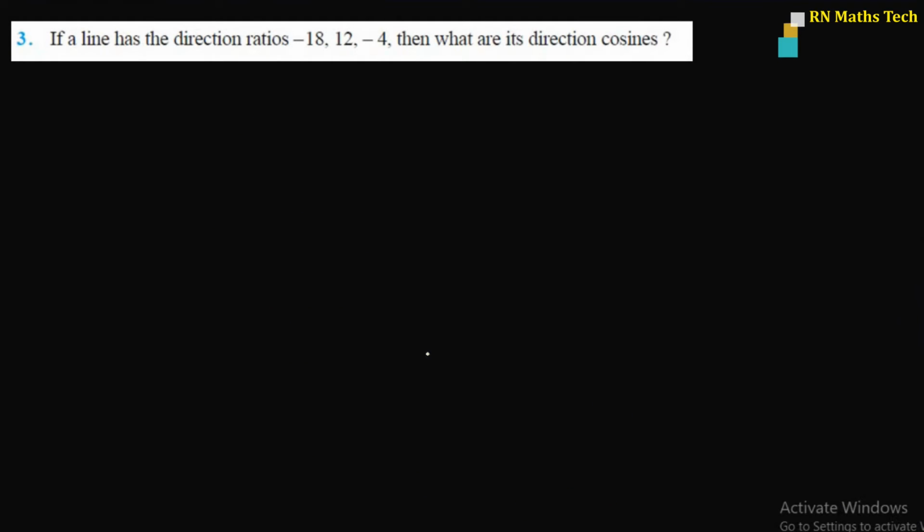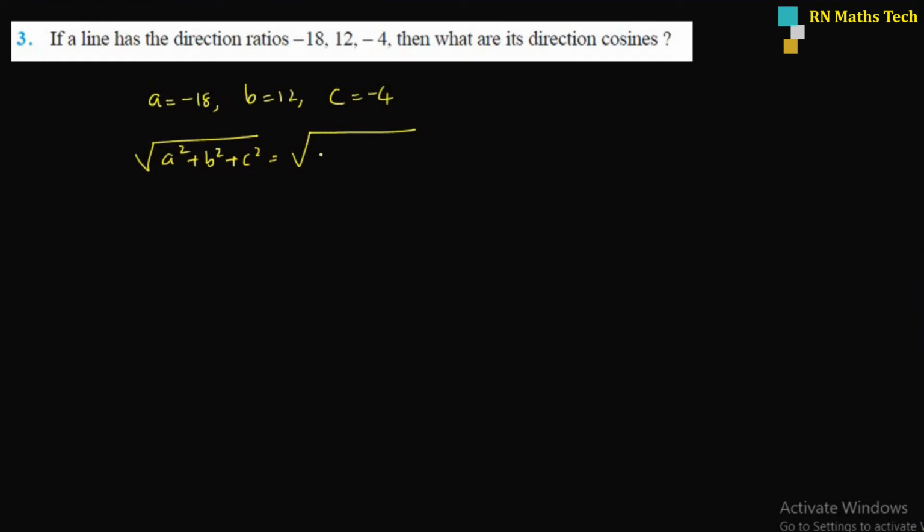If a line has direction ratios minus 18, 12, minus 4, that is A is equal to minus 18, B is equal to 12 and C is equal to minus 4. Direction ratios are denoted by ABC. Then what are its direction cosines? So for direction cosines, we have to find root of A square plus B square plus C square, which is root of minus 18 square plus 12 square plus minus 4 square.